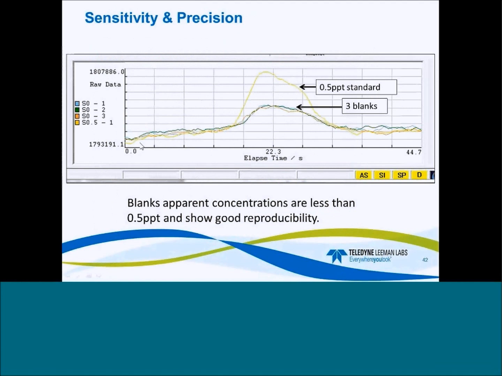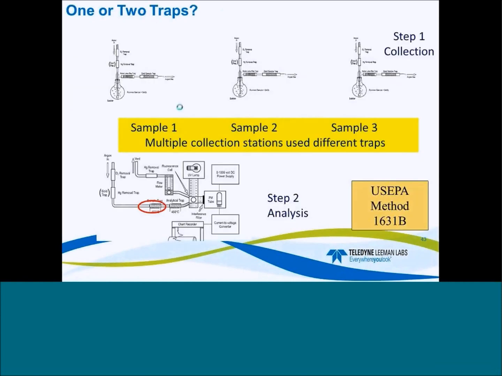At the other end of the curve, this is a display of 3 replicates of a blank solution and 1 replicate of a 0.5 report limit standard. And as you can see, this is less than half of the report limit standard, which would mean that it would be a suitable effective concentration in the blank to continue with the analysis and use the calibration.